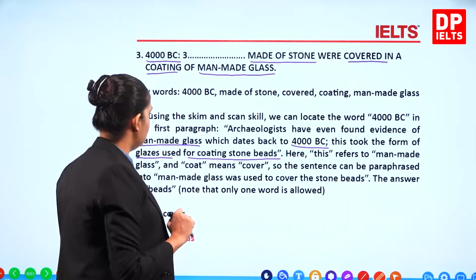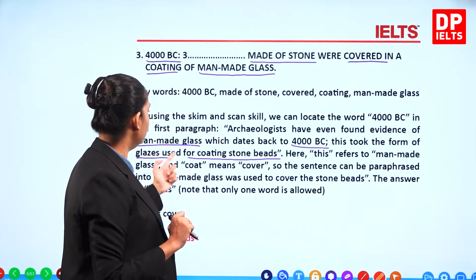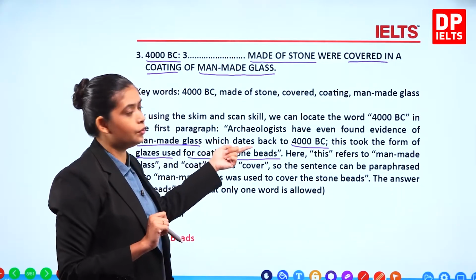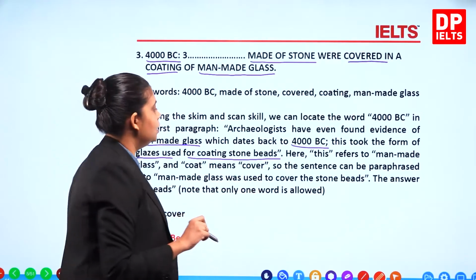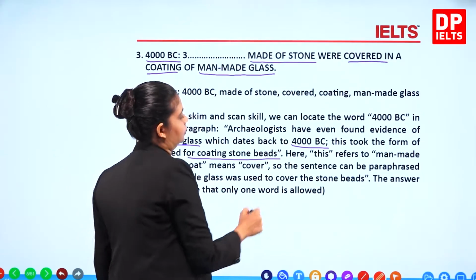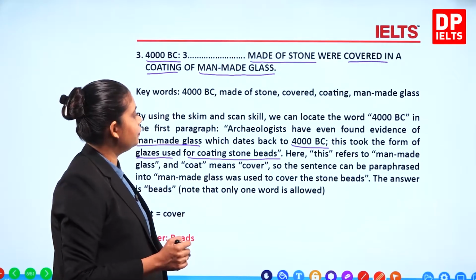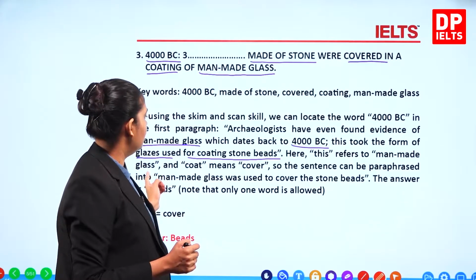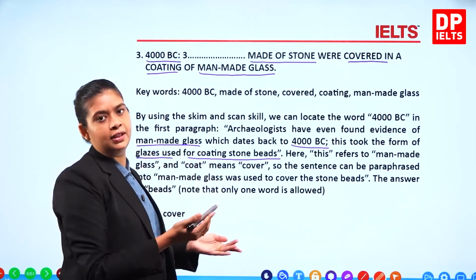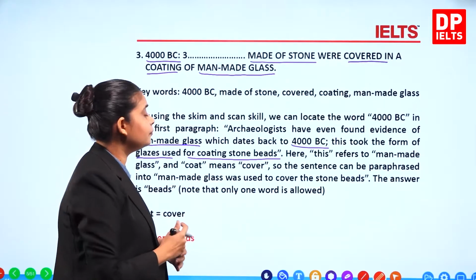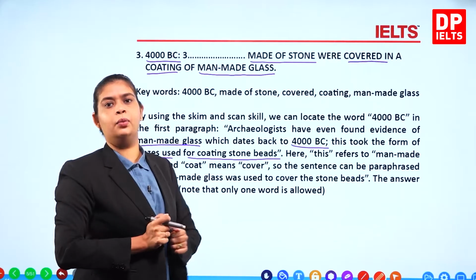So what is our answer? It was used for coating stone beads, right? So beads, that is going to be your answer. This refers to man-made glass. Coat means it's covered, okay? It's not like a coat that people wear, like a winter coat.